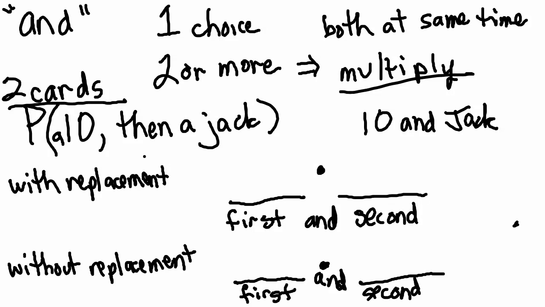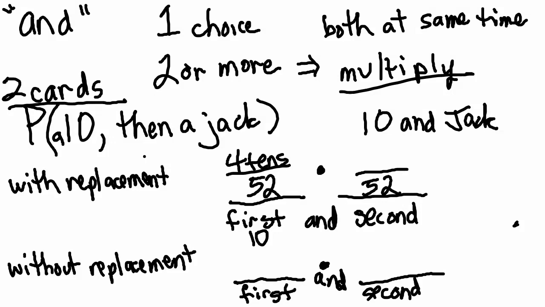All right, so my first pick, I need a 10. So first I get a 10. So there's 4 10s out of 52 cards. And with replacement means I'm going to put it back. So that means I'll still have 52 cards.